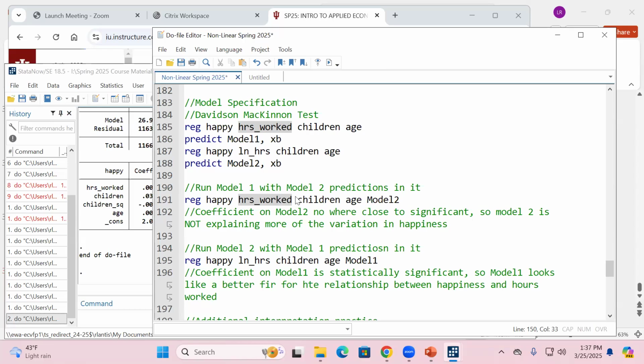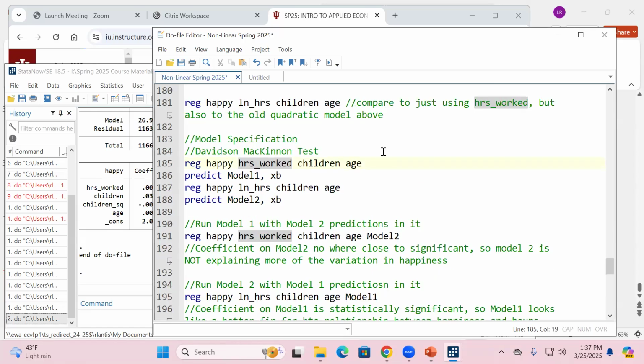Okay, so I kind of have this same idea, right? The actual name of what we're going to do is called the Davidson-MacKinnon test. Yes, I forget the exact name. So if I run this regression first, this is just our typical linear model. I'm then going to use this predict command. I think we used this a long time ago.